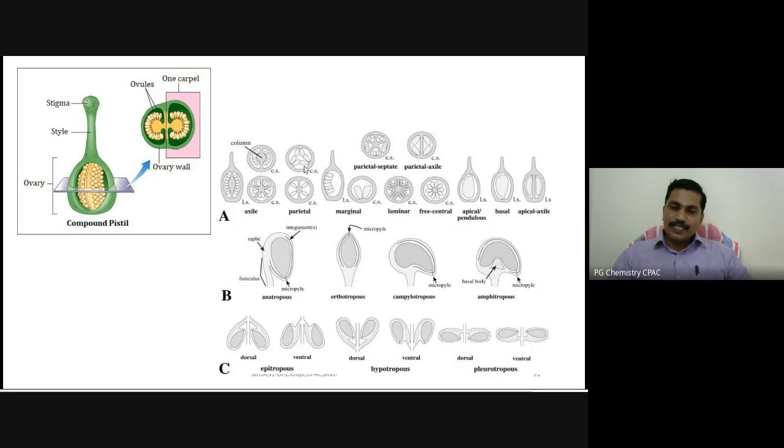If the ovules are arranged along one side of the ovary, it is called marginal placentation. Example, beans. You take any beans, the seeds are attached to any one side. Okay, that is marginal placentation.